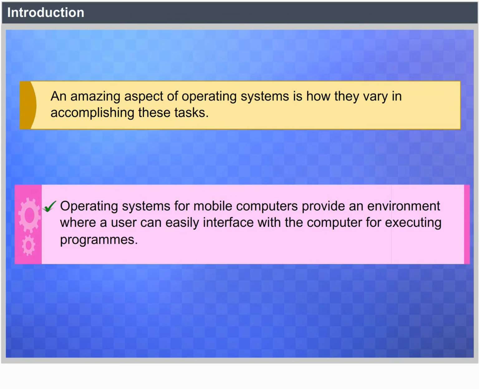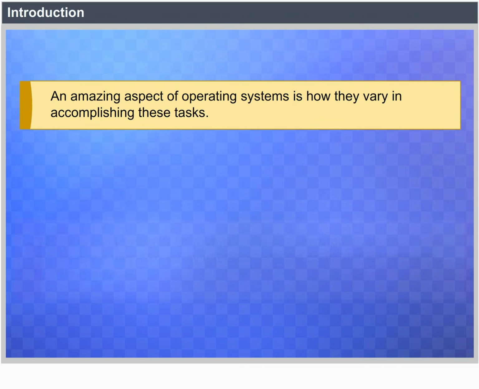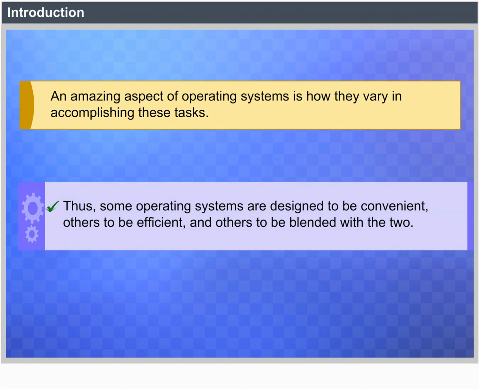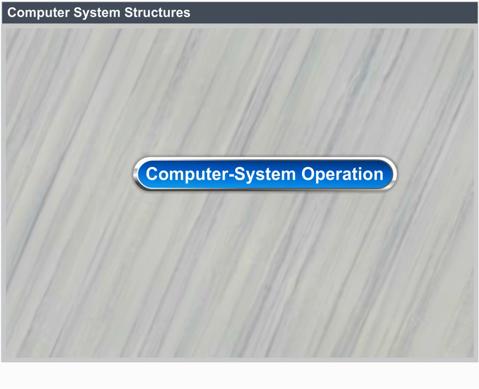Operating systems for mobile computers provide an environment in which a user can easily interface with the computer to execute programs. Thus, some operating systems are designed to be convenient, others to be efficient, and others to be some combination of the two. Computer system structures.